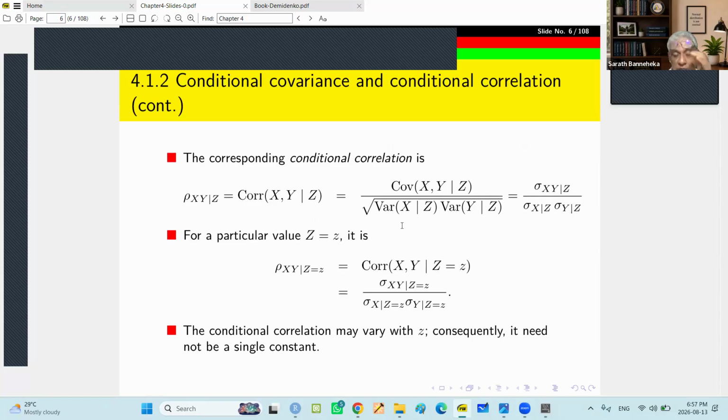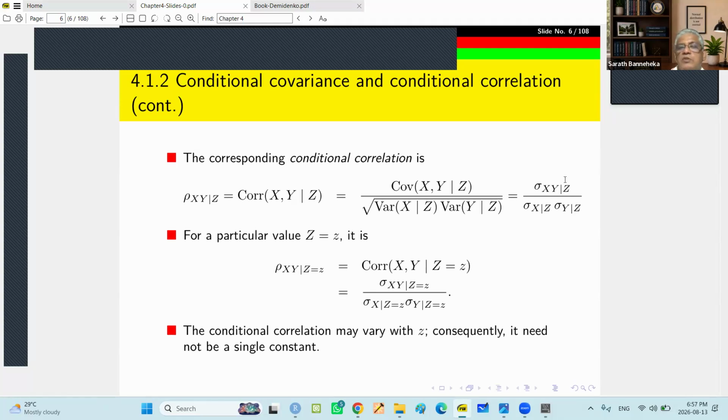So the corresponding correlation is called the conditional correlation. It is defined as the conditional covariance between x and y given z divided by the standard deviation of x given z times the standard deviation of y given z.